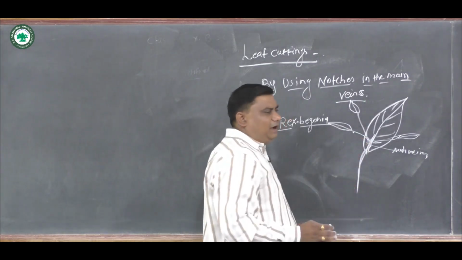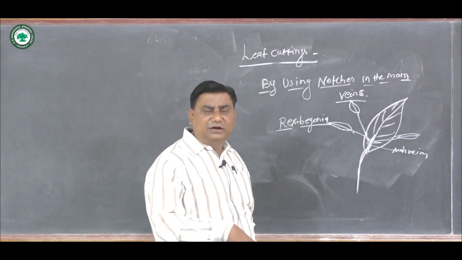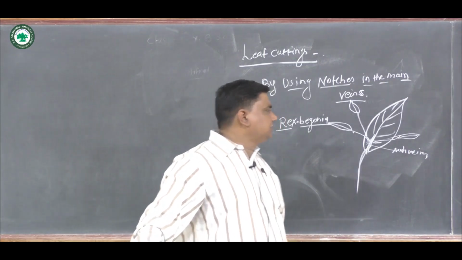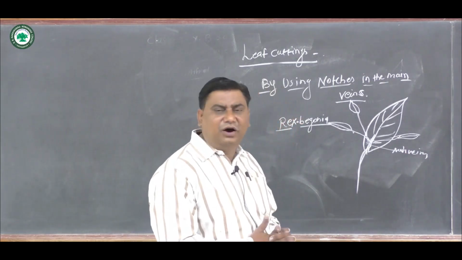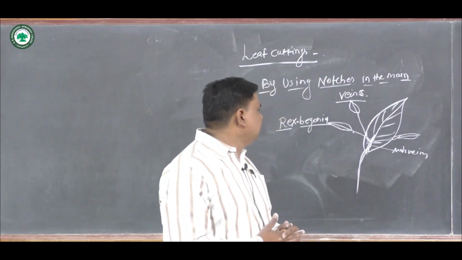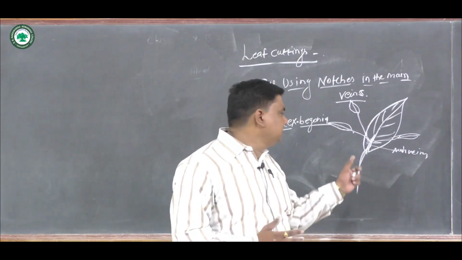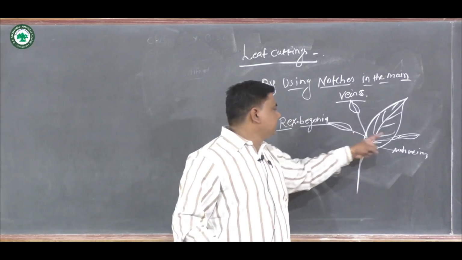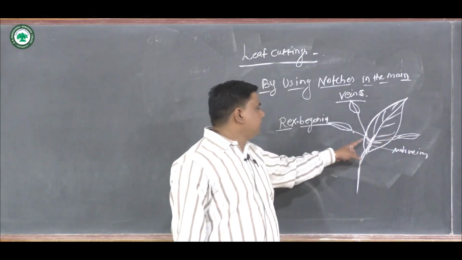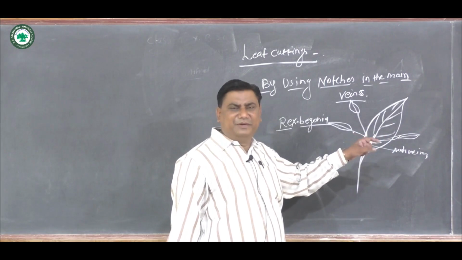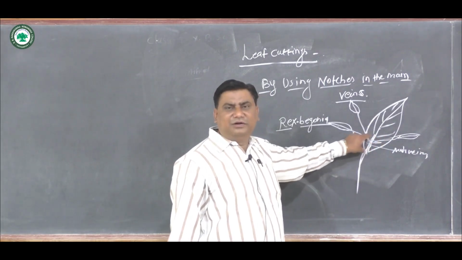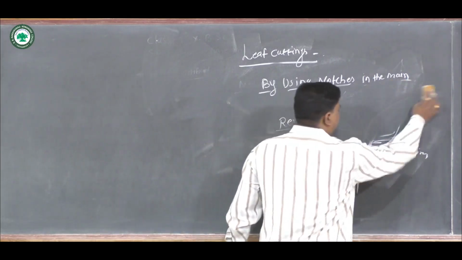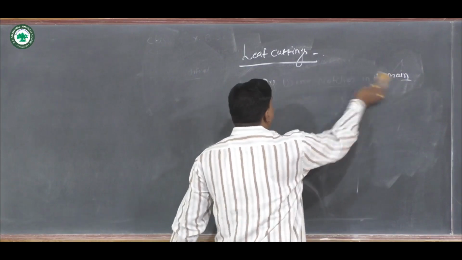Then watering is done immediately, and from each notch there is the formation of a new plant. Okay, here you can see the formation of the new plant from the notch. A very simple method. The notch is made on the main veins of the leaf. Okay, this much is the example in case of the Rex begonia.